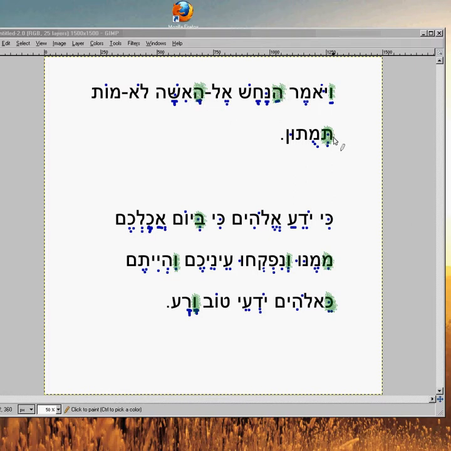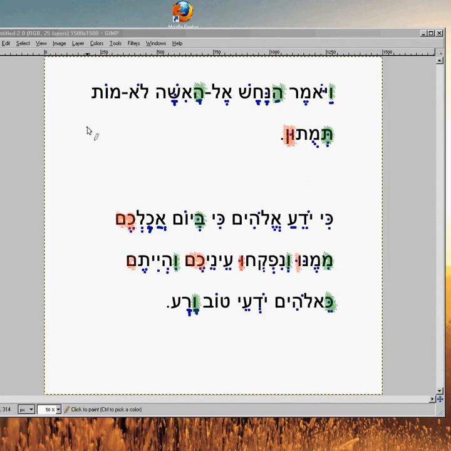The tav prefix means you will. Let's look at another one. The beit prefix, be, can mean in the or on the. Then the mim prefix is, of course you know, from, and vav is and, and the kaf prefix is like or as.